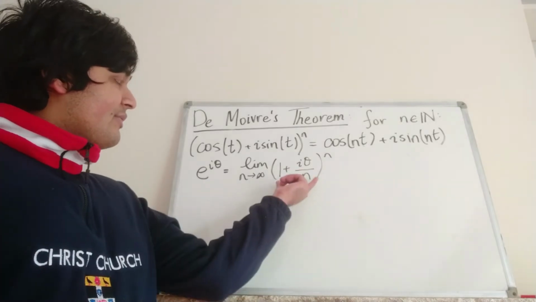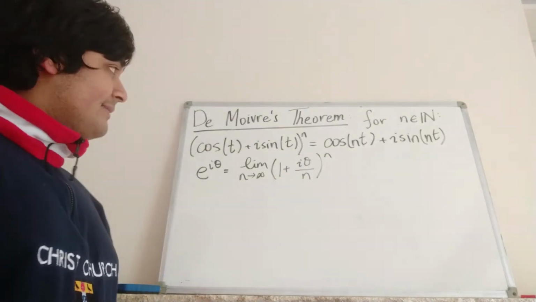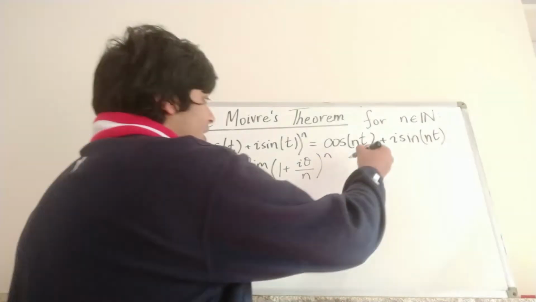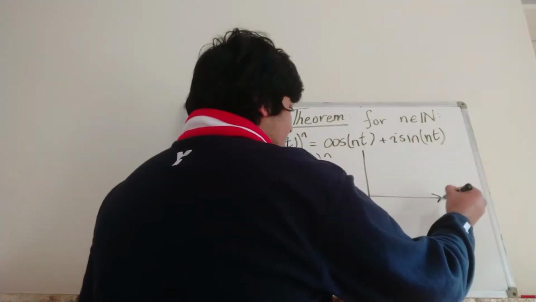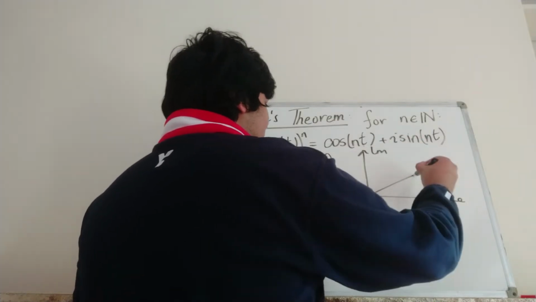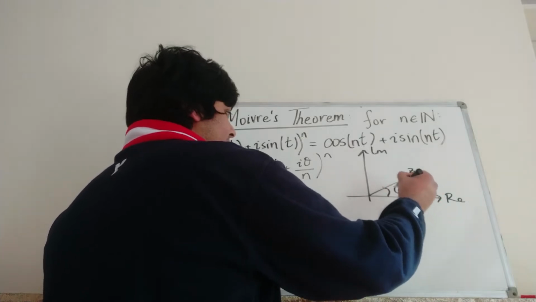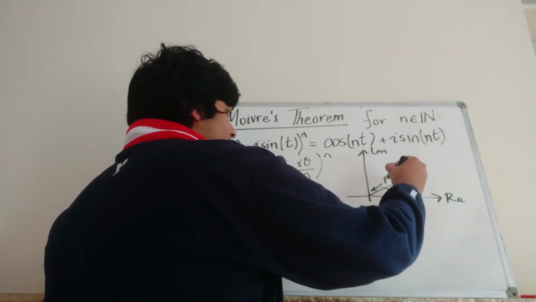Now what we're going to do is just focus on this complex number here for a moment, 1 plus i theta over n. Now remember, if we draw an Argand diagram, we have our real axis here, our imaginary axis here, and we have some complex number, say z, and it has argument phi and magnitude r.